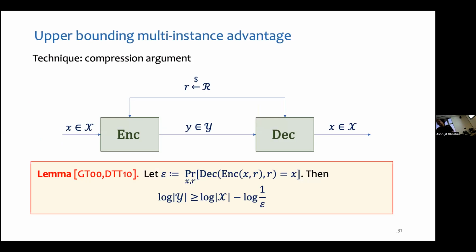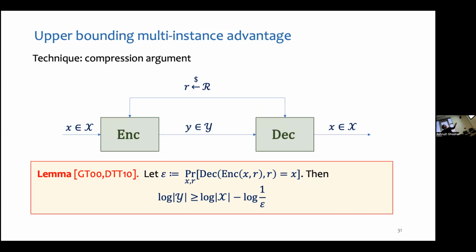The idea behind a compression argument is extremely simple. It essentially says that for a randomly sampled value in a set X, it's very unlikely that one can compress it to something that is of size much smaller than log of size of X.